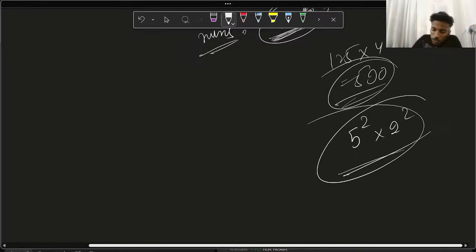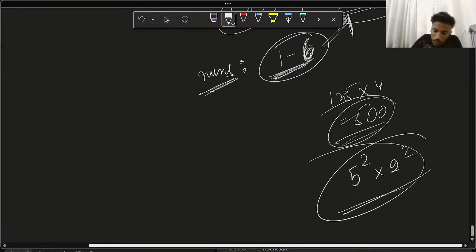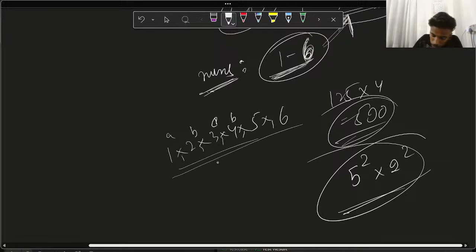So at last, if the value is constructed from the nums array, it will contain powers of anything like 1, 2, 3, 4, 5, 6, and these may have some powers. And we already know that these numbers themselves can be represented only in terms of 2, 3, 5 powers.